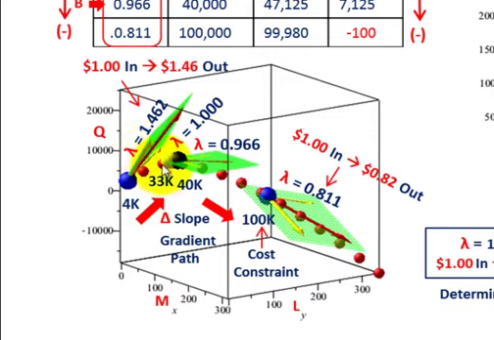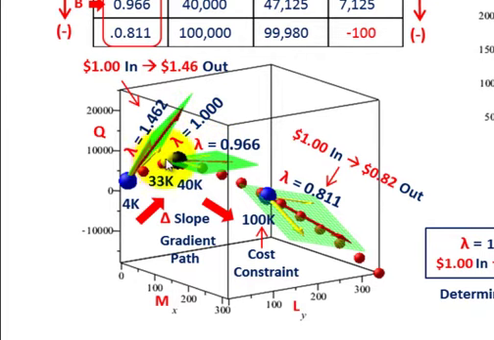Okay, then as we move up, we get to the point where we have a $33,000 cost constraint, represented by the little yellow ball. Maybe I could back it off here. This is where our Lagrangian is at 1.0, sort of a break-even point.